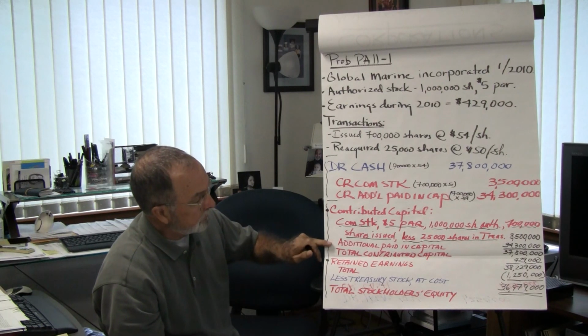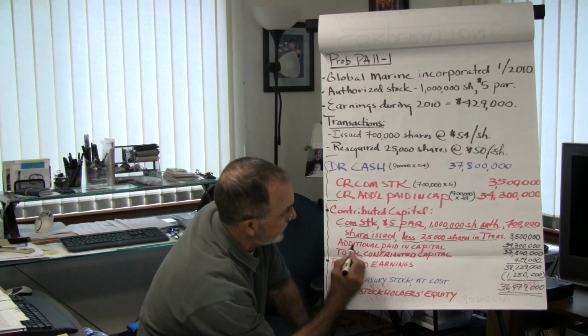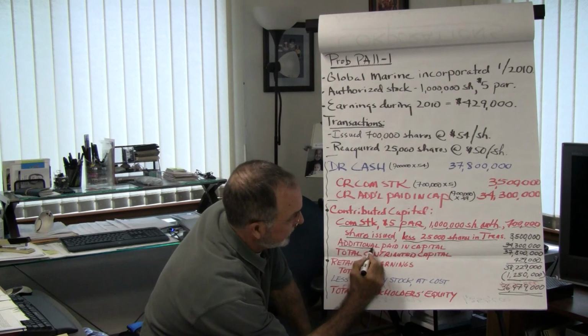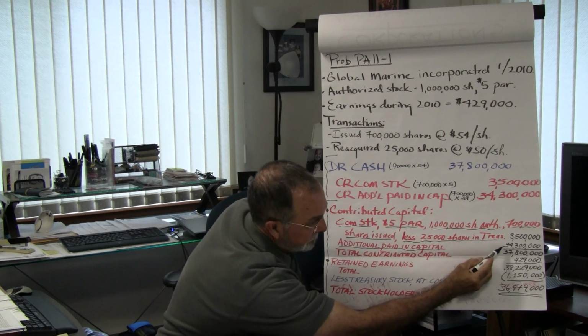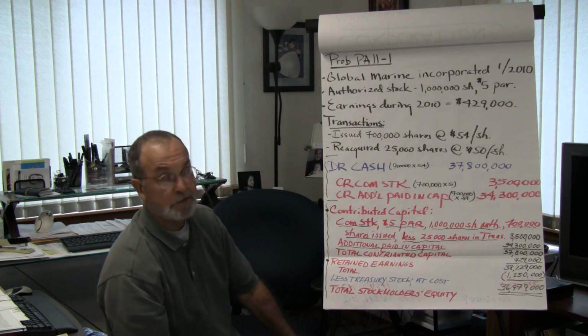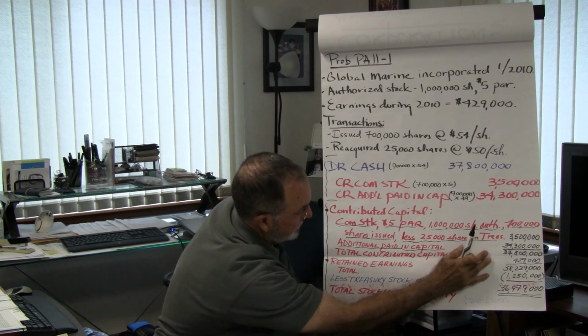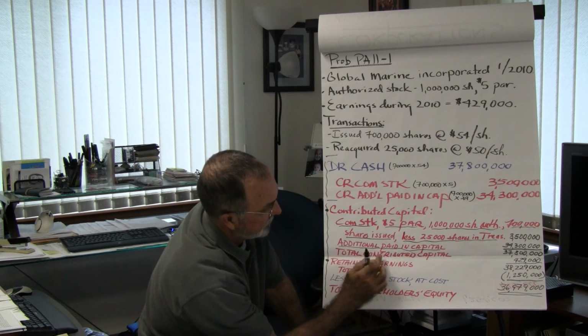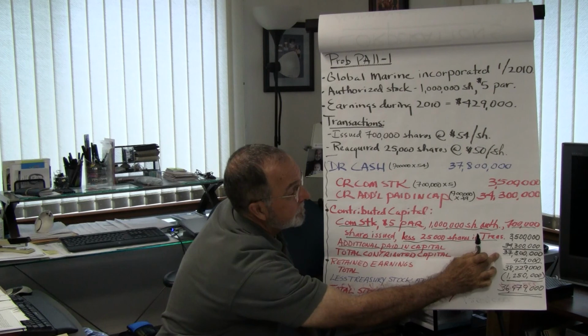Our next account in the equity section under contributed capital would be the additional paid-in capital. And that amount is at $34,300,000. And then we add the two together to get a subtotal total contributed capital of $37,800,000.